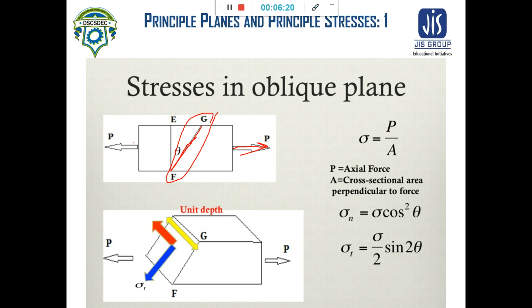Here the normal stress value is nothing but force by area, where P is the axial force and A is the area. Now the normal stress means the normal stress on this FG plane. If this is the inclined plane, then this will be your normal stress sigma n.